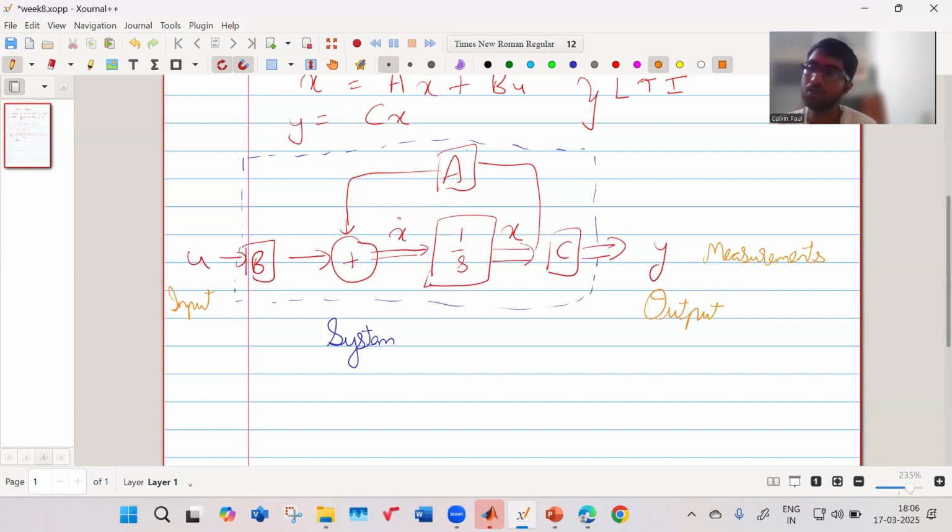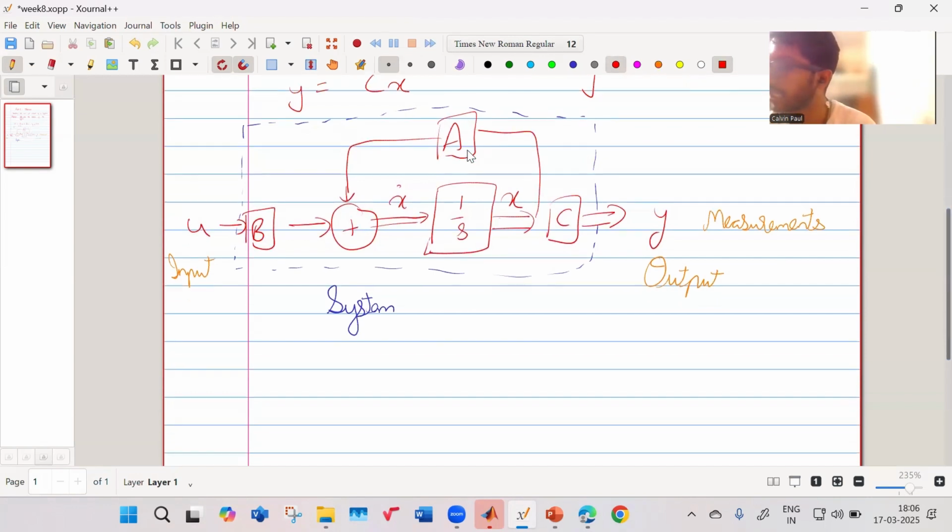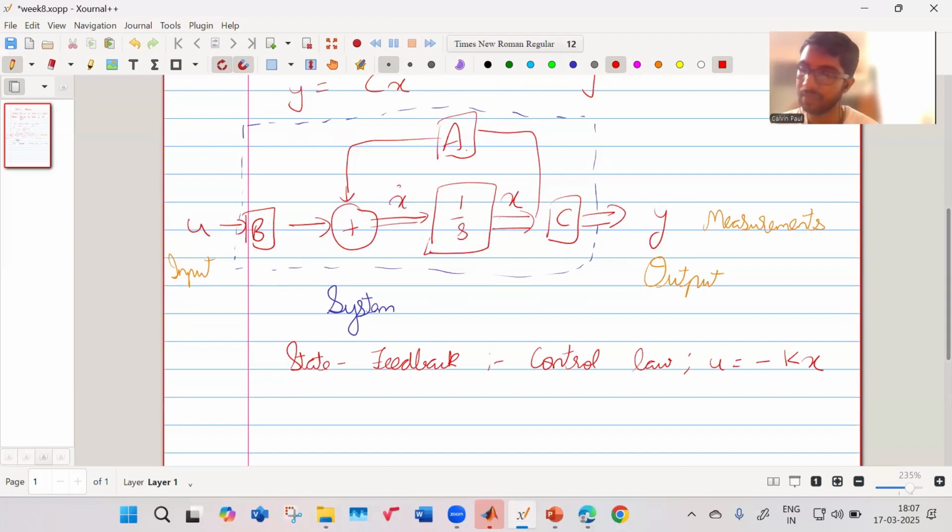Okay. So we had started the discussion regarding state feedback. And we had considered that if we want to do state feedback control, we have a control law which is given by u is equal to minus Kx, where x is the vector of the state and K is the gain vector.